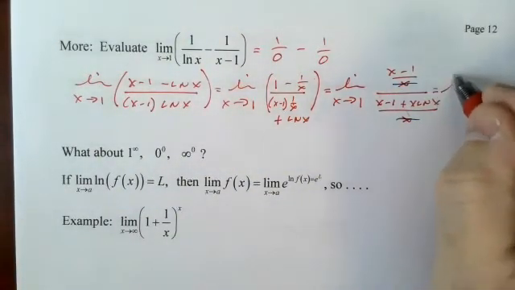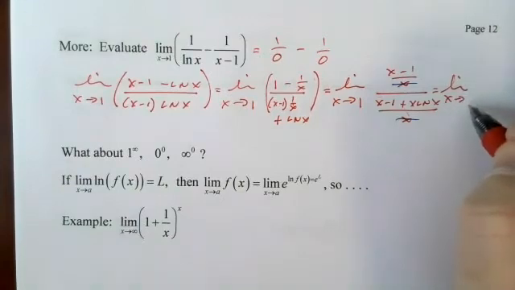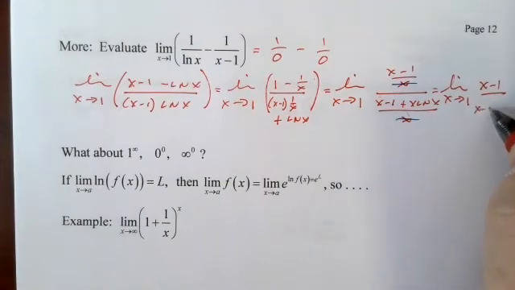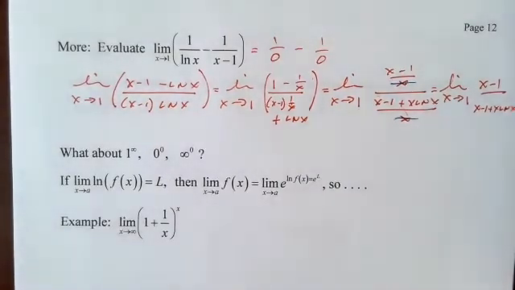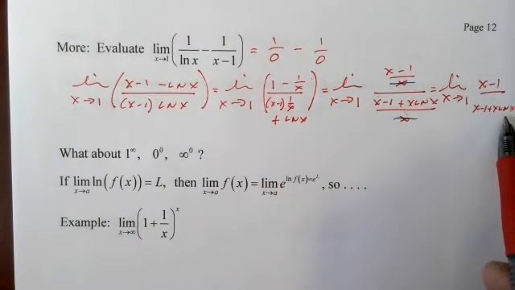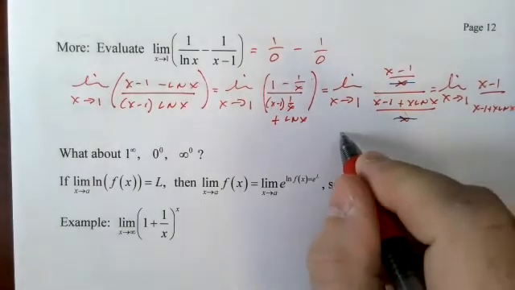And I still haven't taken my limit as x approaches 1, x minus 1 over x minus 1 plus x ln of x. Plug in 1. 0 over 0. Well, something else there. Keep going.